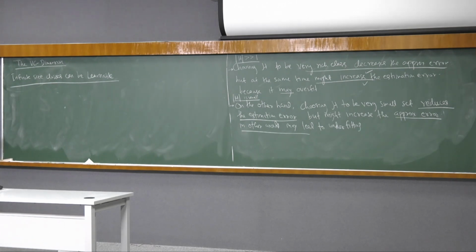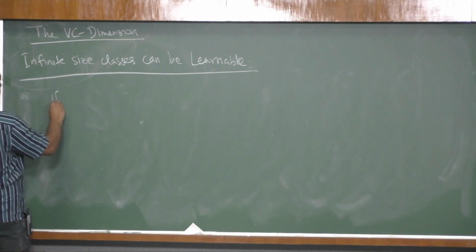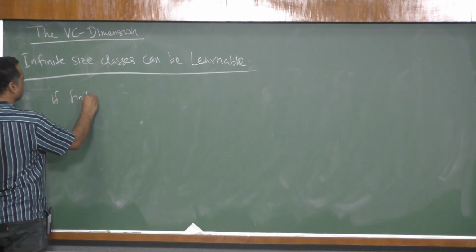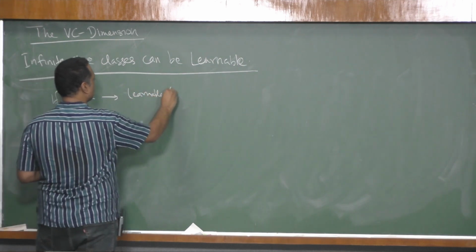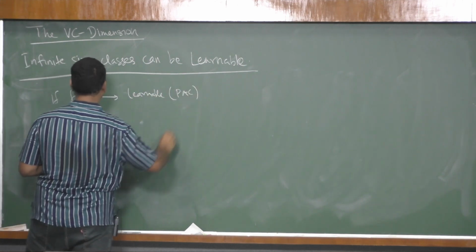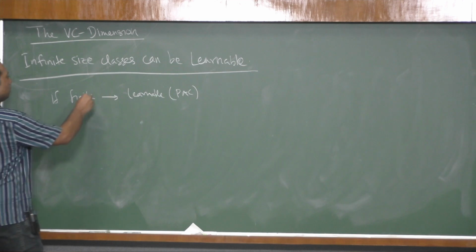What we have done in PAC learning is, if it is finite, then it's learnable, but we did not say the other way around, that if it's learnable, then it necessarily has to be finite. So if finite, then learnable, in PAC learning or agnostic PAC. But this was not a necessary condition. This was sufficient, right?